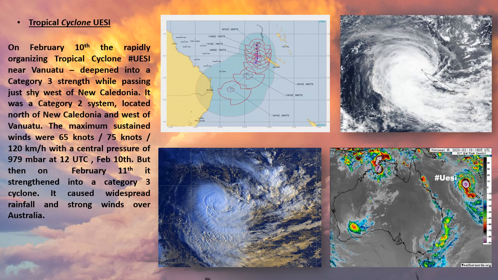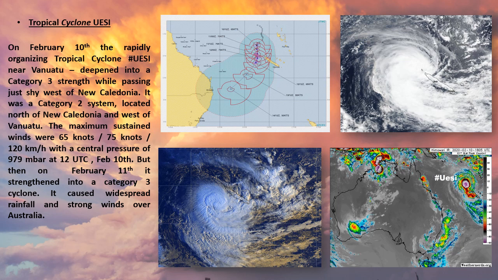Okay, these are the different satellite images of this particular storm, and here in this graph you can see the path. It was formed near this Vanuatu island, and then it passed and hit the Australian region, Eastern Australia, that is the New Caledonia region, and the wind speeds were over about 120 km/h, and the central pressure of the cyclone was about 979 millibar, and this was on February 10th.